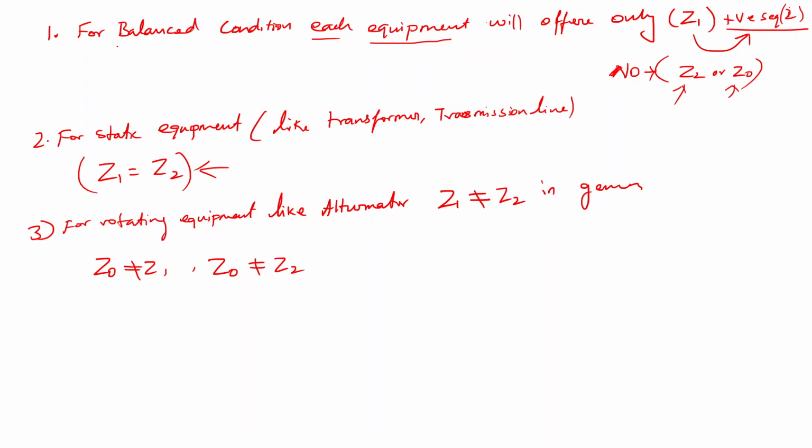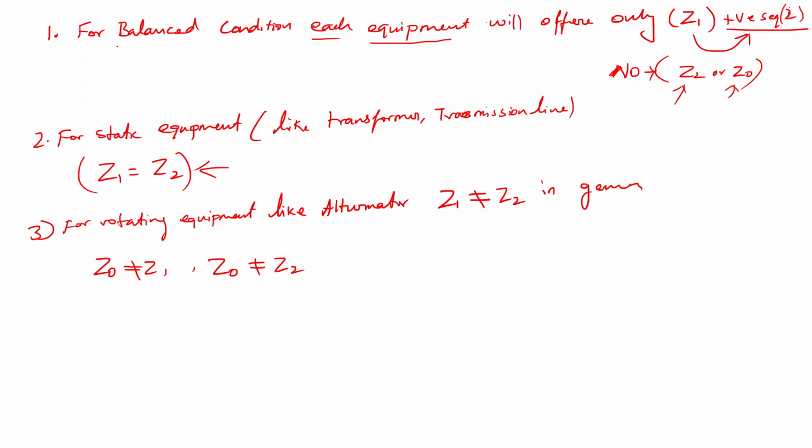Before proceeding to the sequential network diagram, you need to understand these three simple concepts. I hope you got this point. Next, we will see one by one how to find the impedance for a generator, a transformer, and then a transmission line. After these three, we'll go to the actual sequential network.